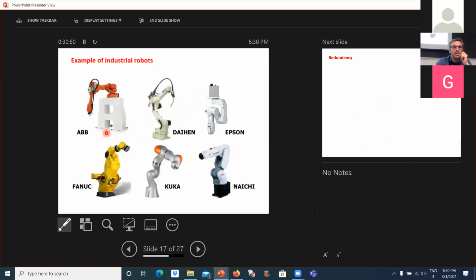And here you can see some pictures of examples of anthropomorphic manipulators, industrial robots. These are ABB, FANUC. Hook arm is the lightest. Let's say it has a very small base, and it's one of the most performant in terms of accuracy and quality. So also cost.